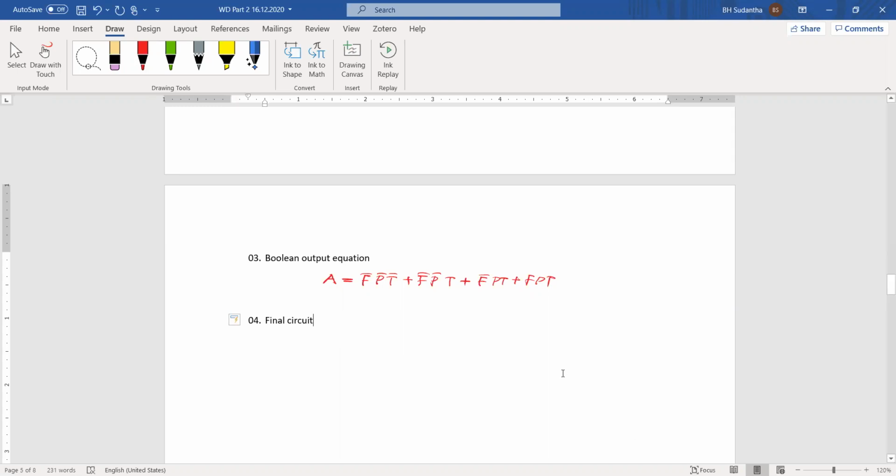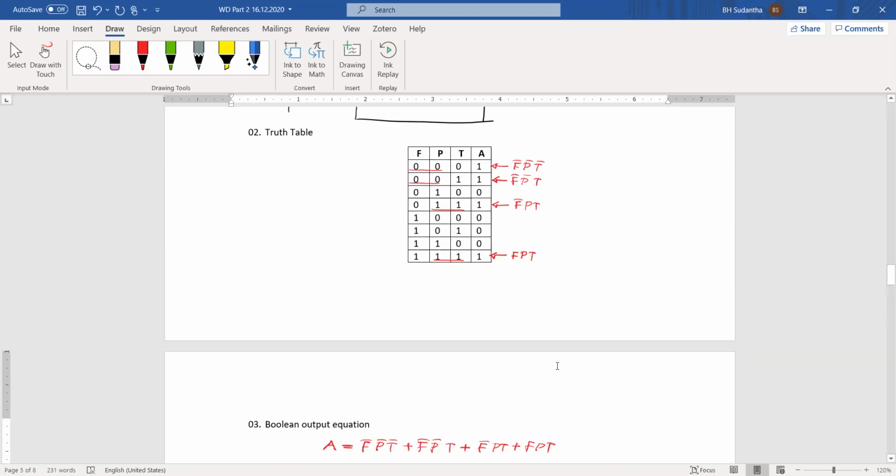So, can you check your working in this one? If you have any kind of problem, or any kind of differences, shall we discuss those things?